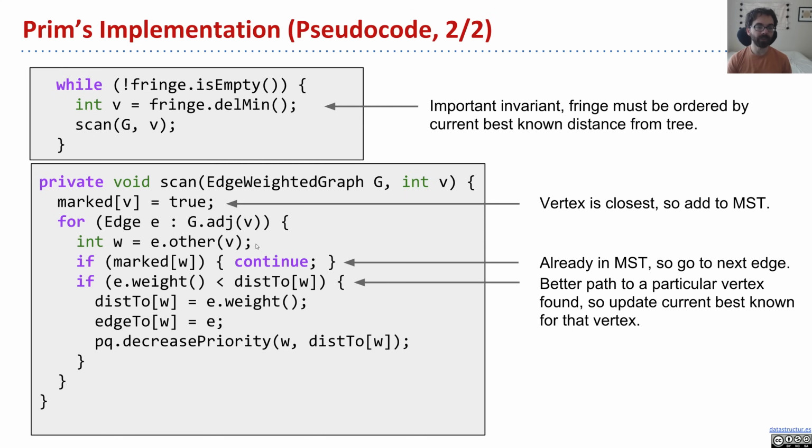We will then figure out what the other vertex is on the end of this edge. So this is just the API from the optional algorithms textbook, not super important, but basically w is our target on the other end of the edge. If that vertex was already marked on the other end of the edge, don't do anything. Otherwise, we'll actually compare the edge weight to the distance, and then we'll set the distance to the edge2 and change the priority if the edge is actually accepted by the relaxation process. And that's all Prim's algorithm looks like roughly.